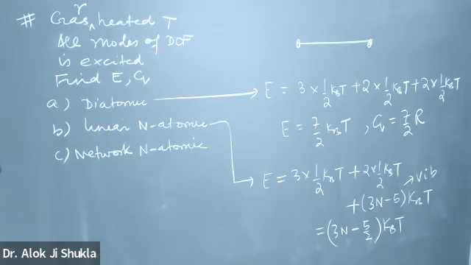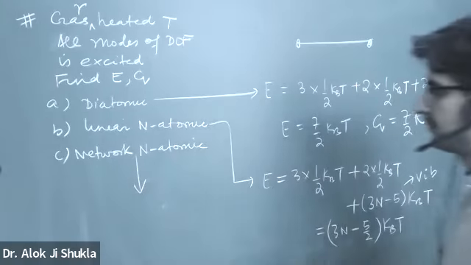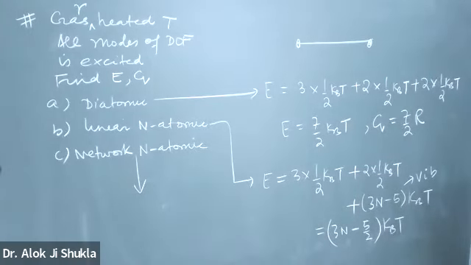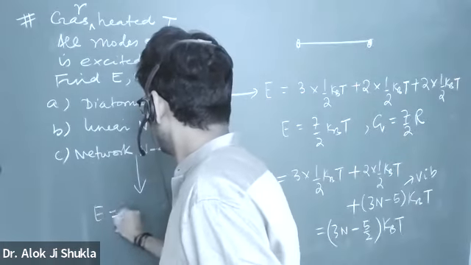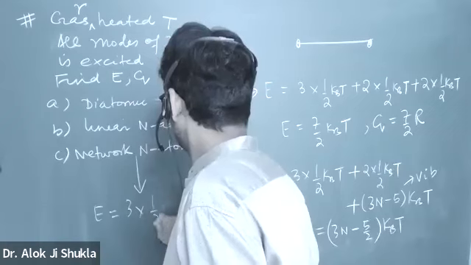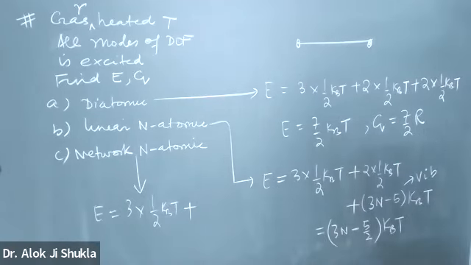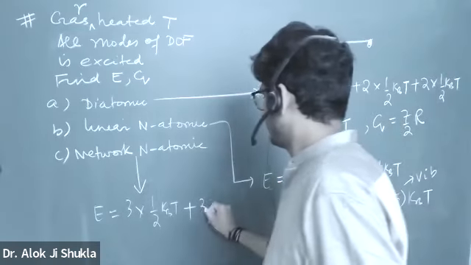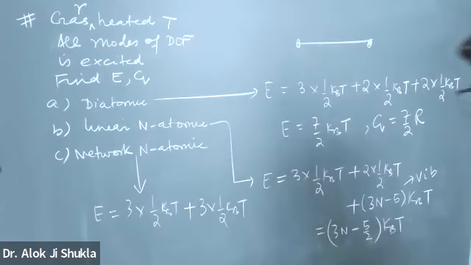And if it is non-linear, means non-collinear, not linear, then the energy will be 3 into half kBT plus 3 into half kBT, because there is no axis for which the moment of inertia will be killed here.